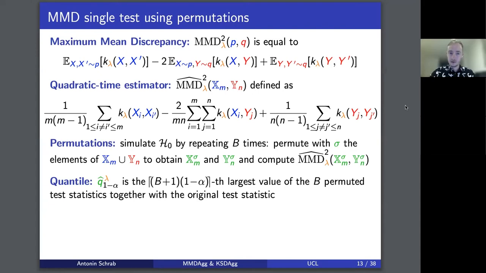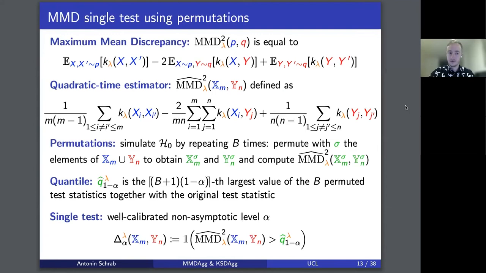And the reason we also include the original test statistic is so that we can obtain a non-asymptotic level for our test, using an argument based on a Romano and Wolf result. And so we are finally able to define what a single test is.